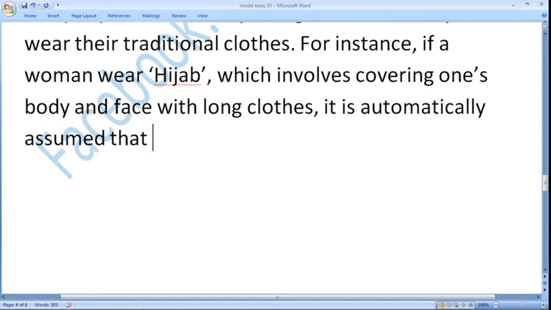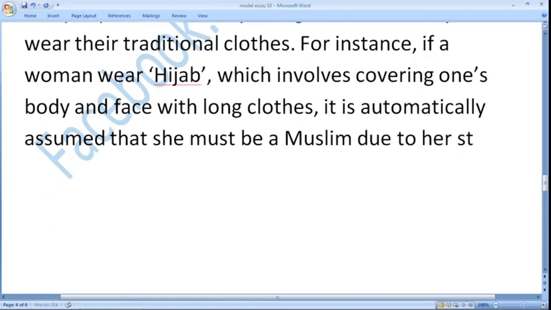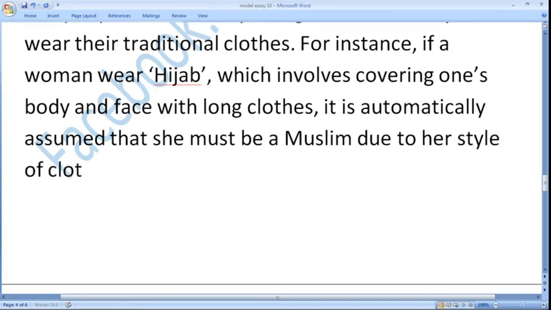If you don't know what is hedging, go to my grammar course to learn about it. Assume that she must be a Muslim. Muslim M would be capital. A Muslim due to her style of clothing. Okay.